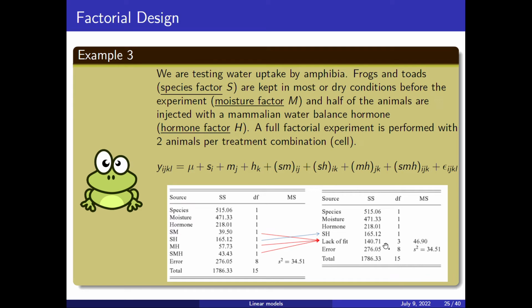So the species is the one that explains the most, then whether the animal was in water before or not, then the hormone and the interaction between species and hormone. The rest, the ones that are not statistically significant, are summarized into a single line: lack of fit.